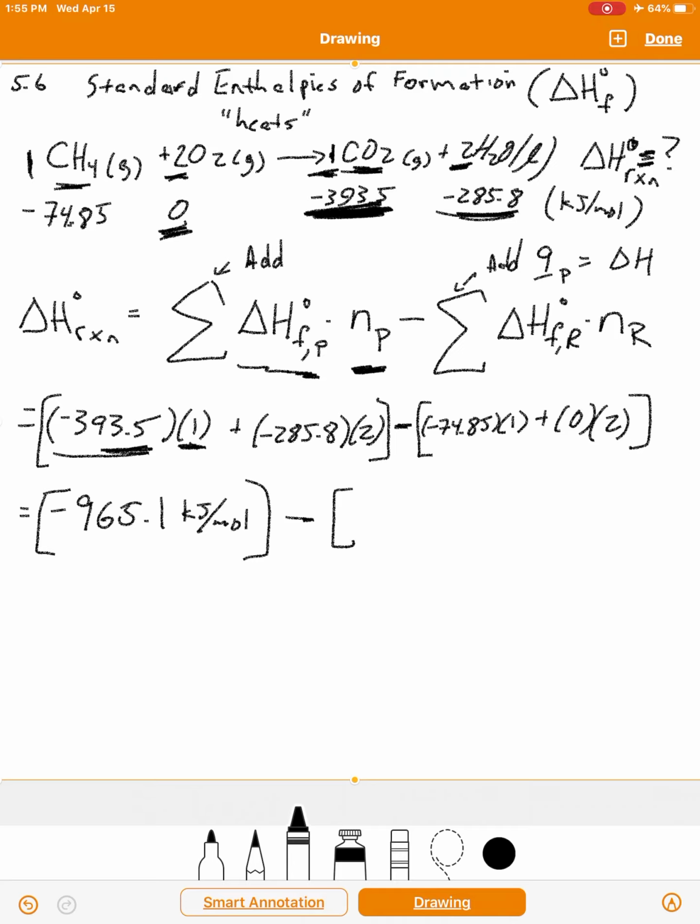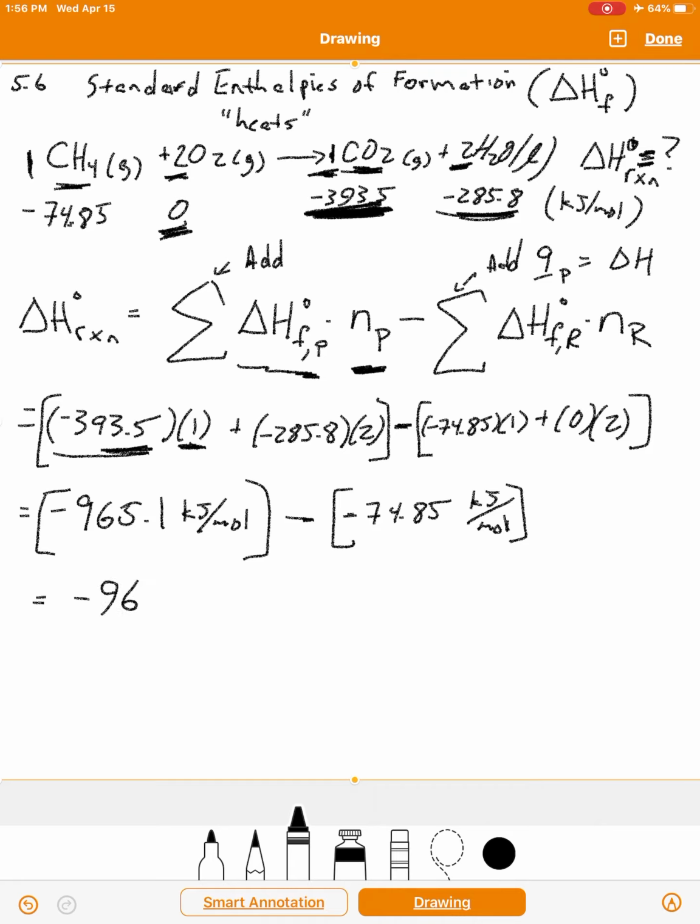So now you're going to subtract the reactants. Now the reactants are easy because it's negative 74.85 times 1. But then the other term is 0, 0 times 2, right? So you get negative 74.85 kilojoules per mole. Okay? So now, if you're subtracting a negative, that's like adding a positive, right?